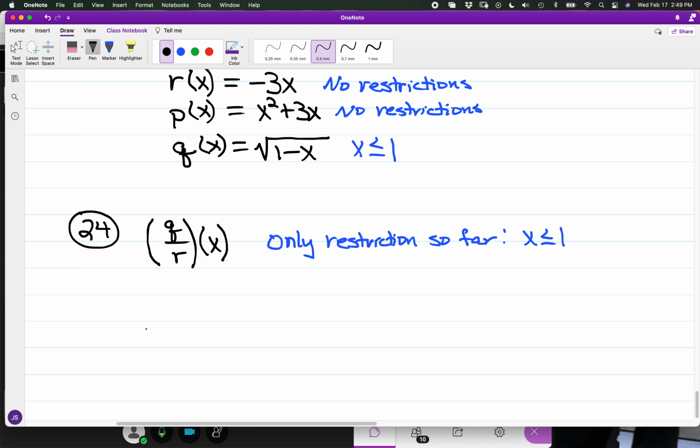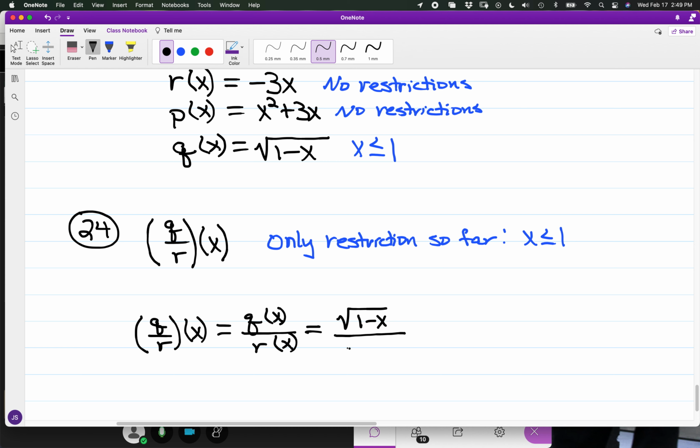So finding out what we're going to have now, for q over r of x, we have q of x over r of x. Q of x is the square root of 1 minus x, and r of x is negative 3x.